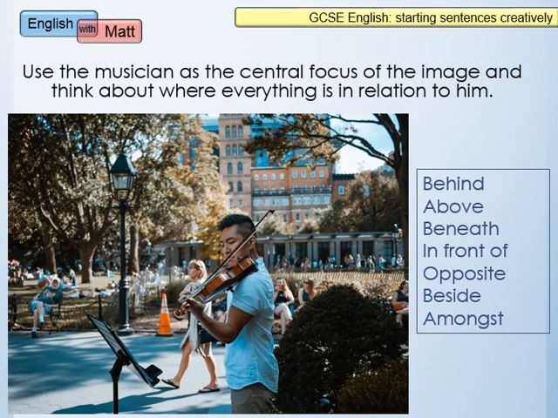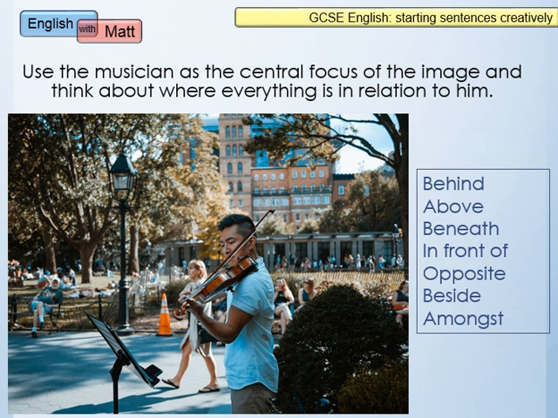So here we have an image of a musician, and I want you to imagine that this is the image that comes up for the descriptive task for paper 1. And I want you to use the musician as the central focus of the image and think about where everything is in the image in relation to him.